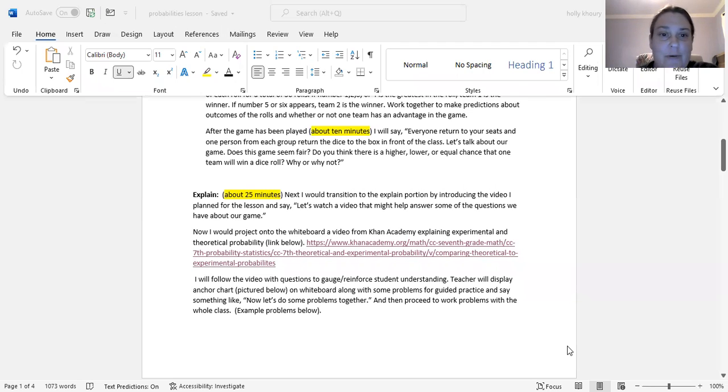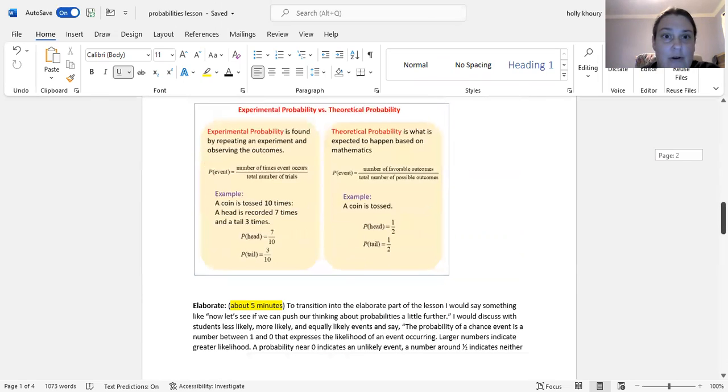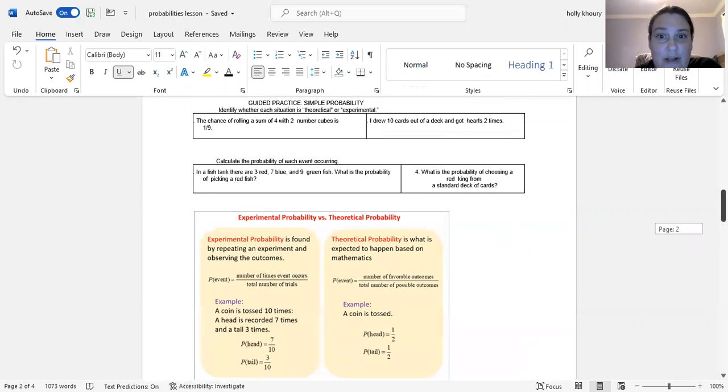Okay. There. So we would have played the video, and I would follow with some questions to gauge and reinforce student understanding. I would display an anchor chart, which I have here, that basically describes the difference between experimental probability and theoretical probability and gives formulas for each and examples of each using coins, because coins are easy examples, easy to understand.